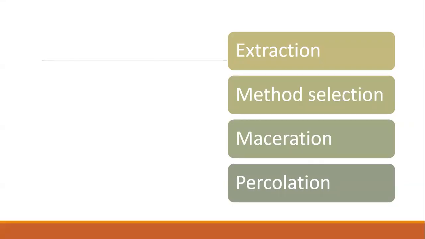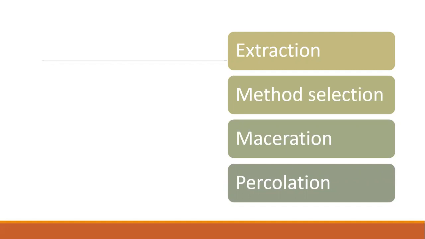First, we are going to see what extraction is as a process. What are the methods of selection of extraction? Why are we using different types of methods? Why is there no one method of extraction, and why are there different types of extraction methods? Our main interest lies in maceration and percolation.